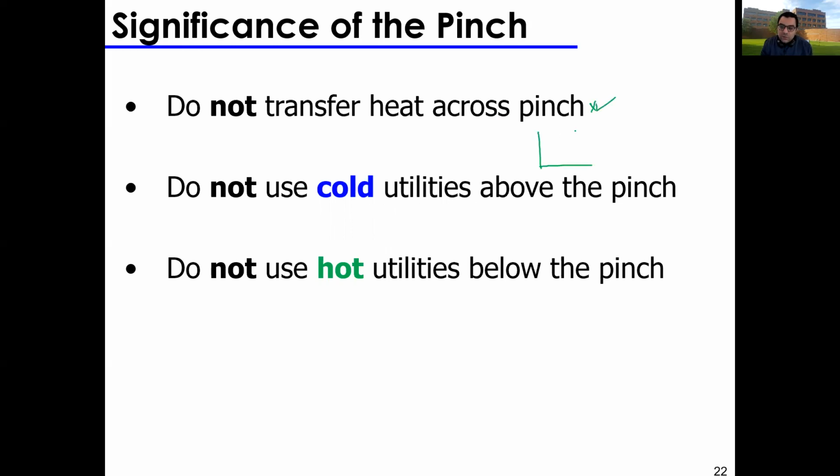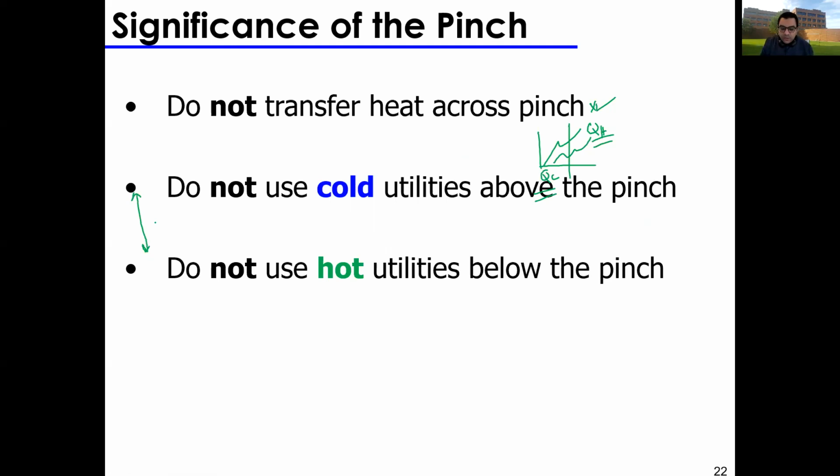So if you recall, pinch point, 2 lines, okay? Here it's QH, here it's QC. Never use cold utilities here, never use hot utilities here. This is very important. Please don't forget this. Please don't make these mistakes. This is a very common type of mistake where, my system doesn't match, so let me use cold utilities over the pinch.